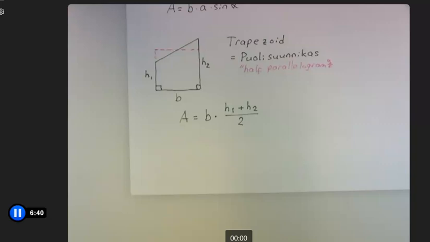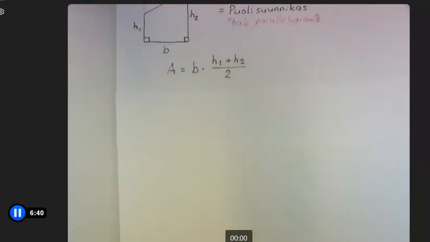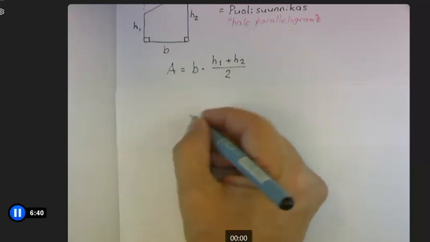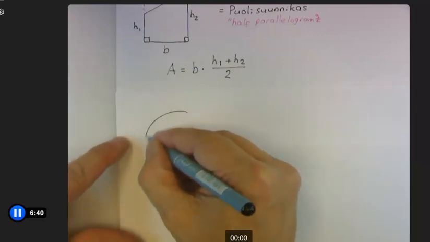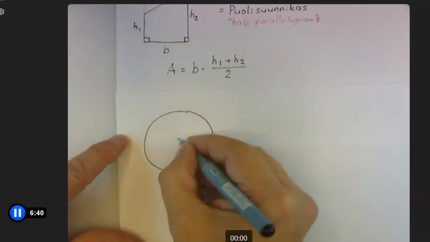And then, well, of course, a very common figure is the circle. I think we had that word in Finnish earlier. I don't remember correctly. Did we have the word for this figure in Finnish?